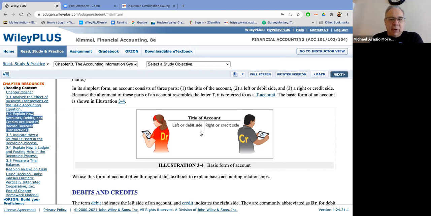So the second thing I want you to think about is your own savings account. Only two things can happen to your savings account at a bank. You either put more money in or you take money out. So either you have more money in your account or you have less money in the account. In essence, that's the only thing that can happen to all accounts, regardless of their title.